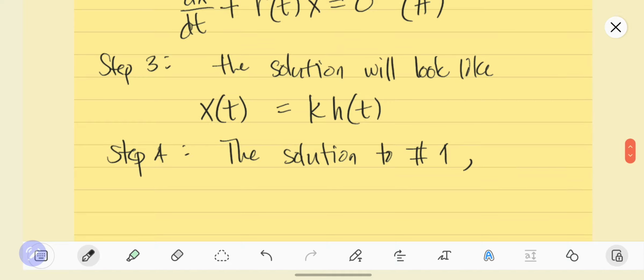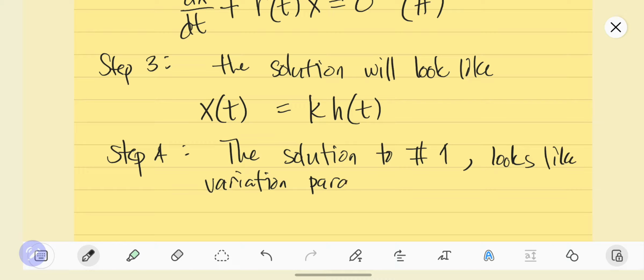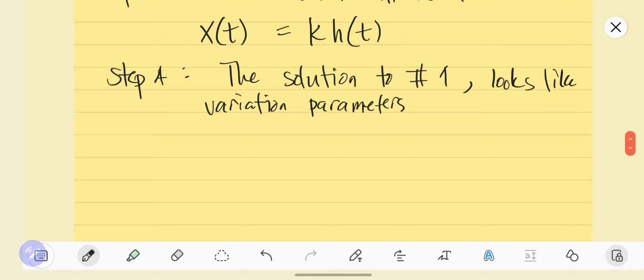This is variation of parameters. So the equation becomes x of t is equal to k of t times h of t.